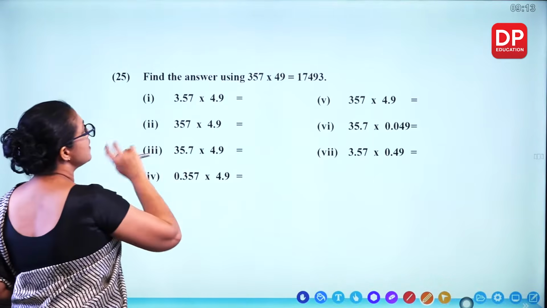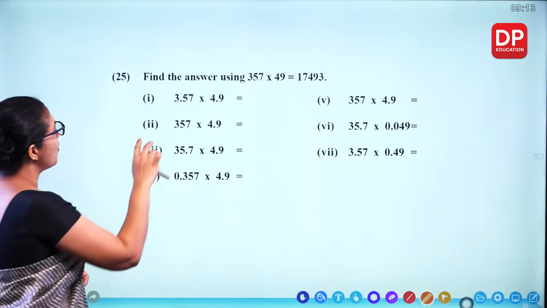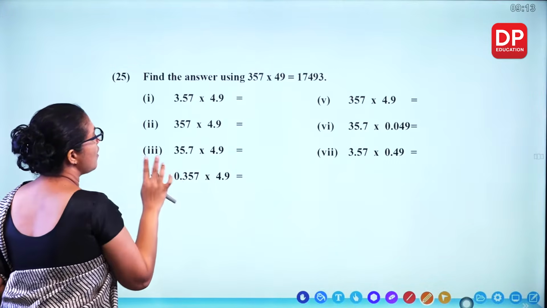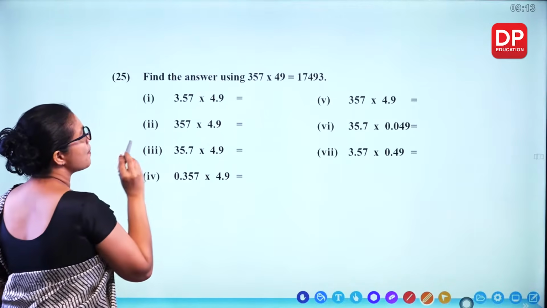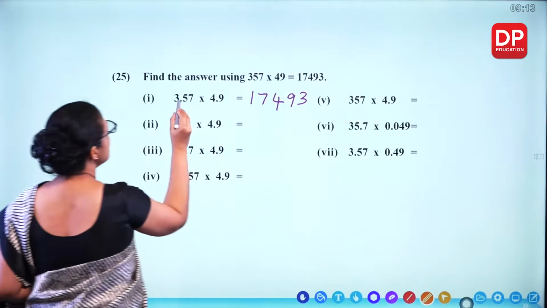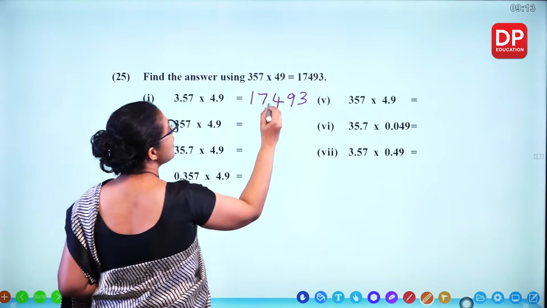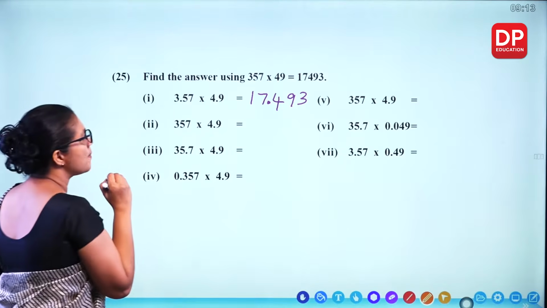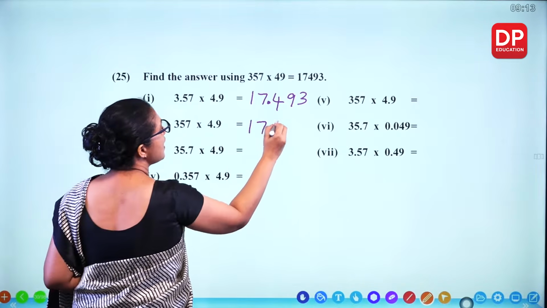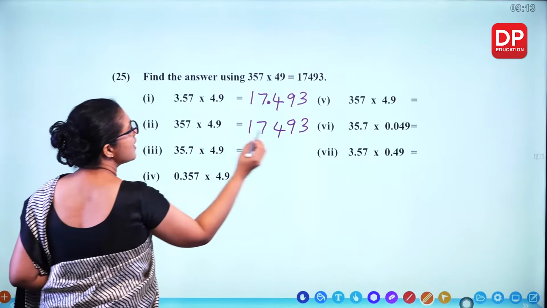Find the answer using this one. Multiplication is given. Now look at the questions. Same digits, you have to keep the decimal point. So the answer is the same. But look at here, 2 decimal places and 1, altogether 3. So the decimal point comes here. This is again the same answer, same digits, 1 place you have to keep.